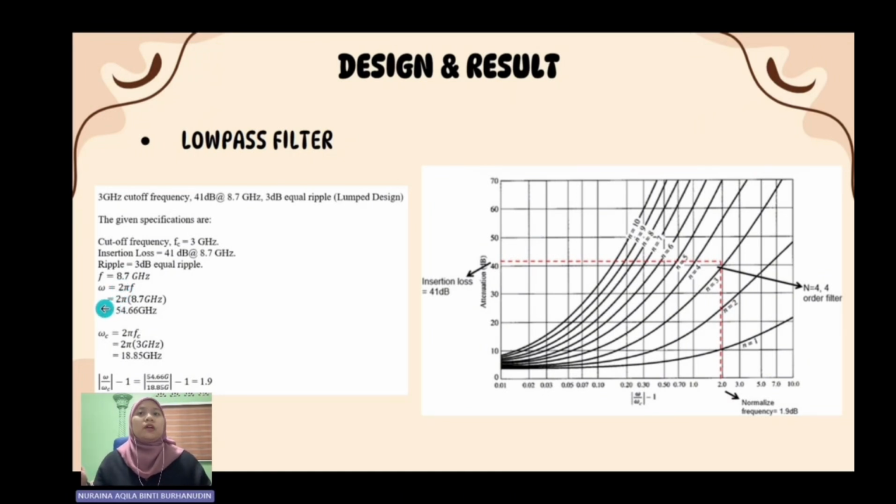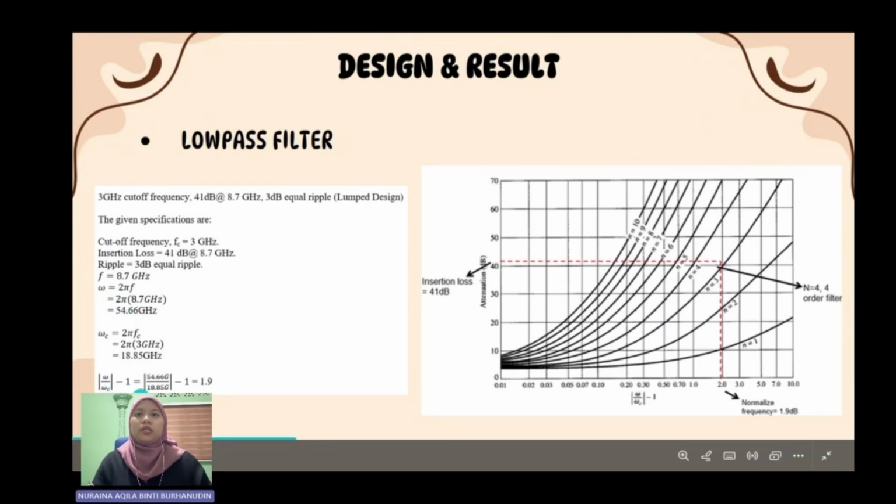For omega, we use this equation to get omega, which is 54.66 gigahertz. Next, for omega cutoff, we get 18.85 gigahertz. From these omegas, we get 1.9 for the normalized frequency.